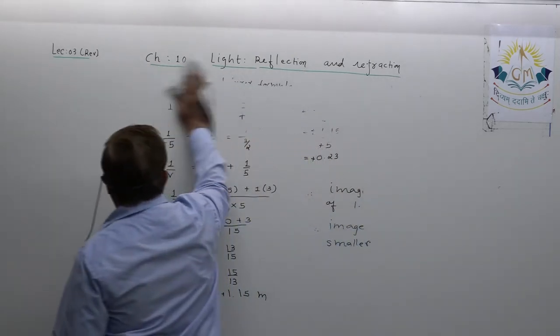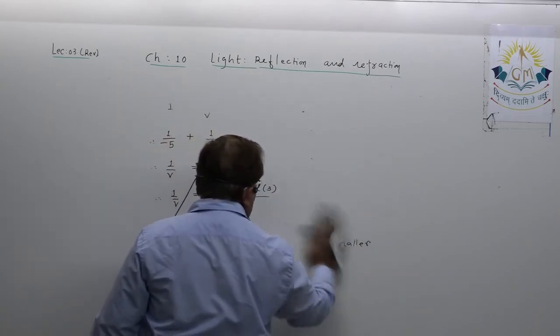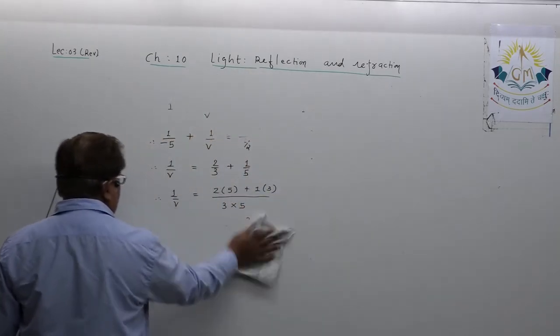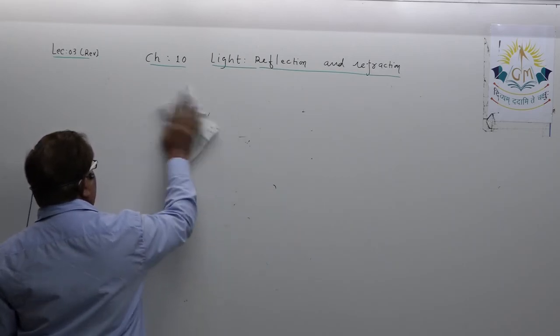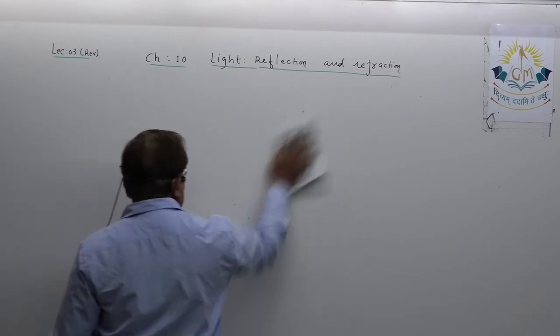First you do one thing, you just verify it. Example number 7. What is given?